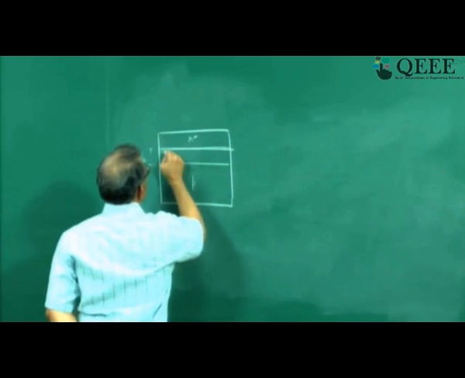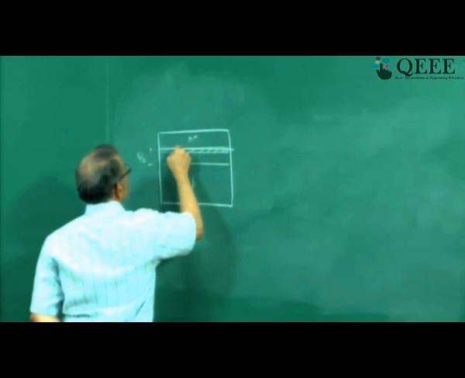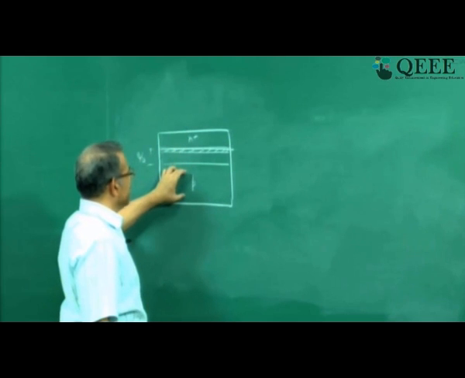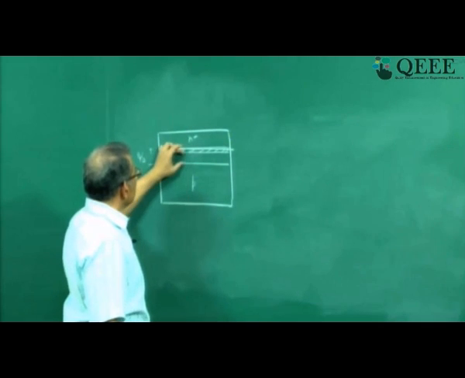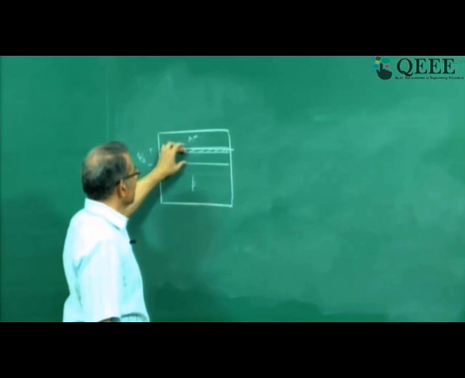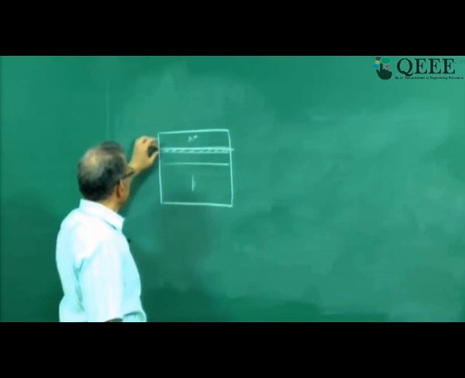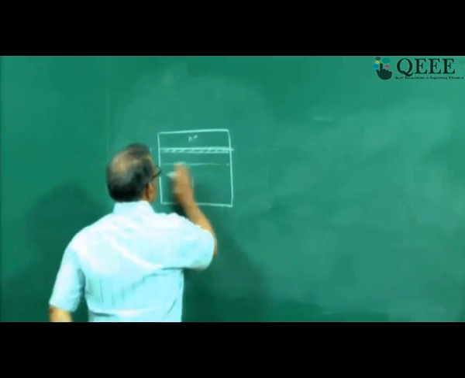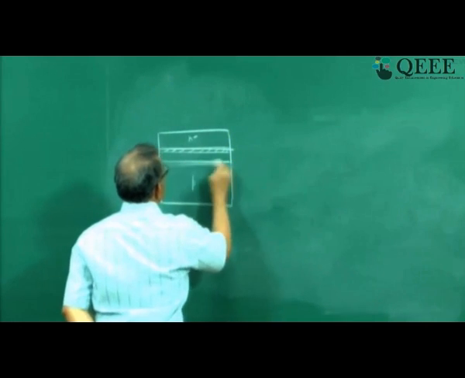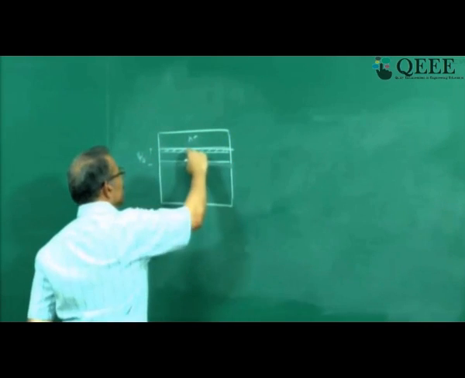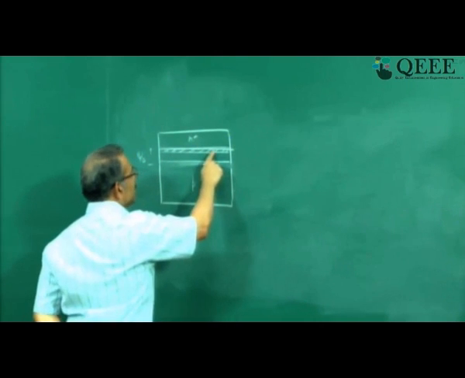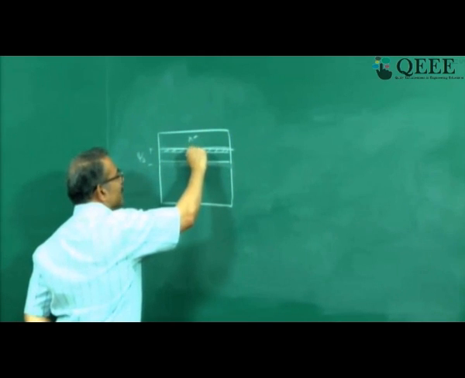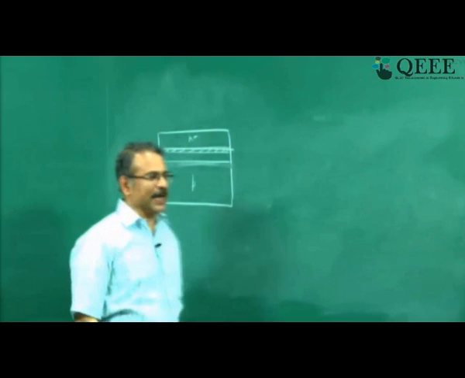If you introduce an oxide like this in between, your built-in potential still has to remain the same because it only depends on doping in N plus and P. But the width of the depletion region here should decrease because the same potential now has to fall across a longer length, because you introduce the oxide thickness. So the result is that your depletion region will now be smaller, but you will still have a depletion region here. If your oxide thickness is 0, it corresponds to an N plus P junction. Introduce a thin oxide, and the depletion region here will shrink.